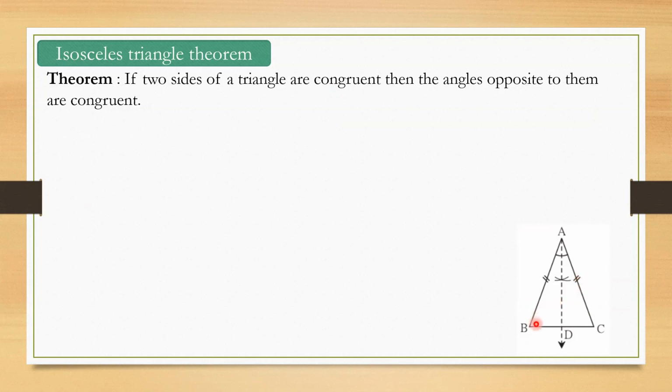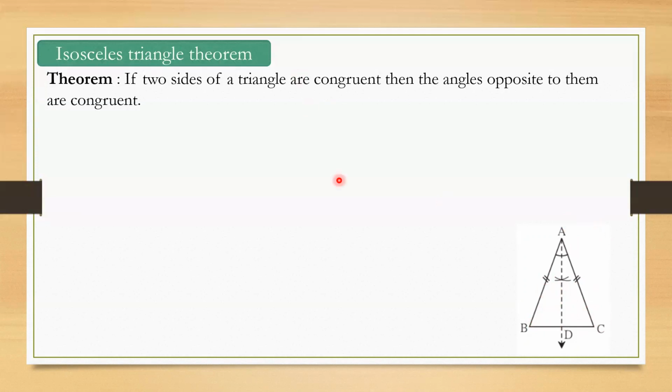If we go in the opposite direction, this corner comes, so that means angle B. In full name, the angle B is opposite to side AC, so angle ABC. And for the other side, if I go in the opposite direction, I come to this corner, which is corner C. So its full name is angle ACB. So angle B and angle C are also going to be congruent, that we have to prove, because the sides opposite to them are congruent, so the angles also become congruent.